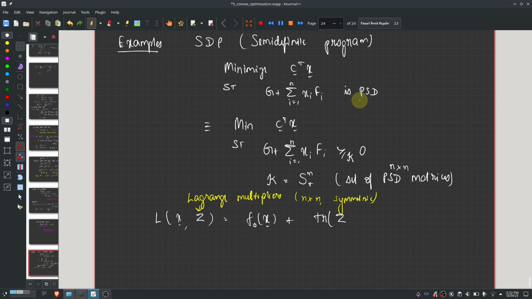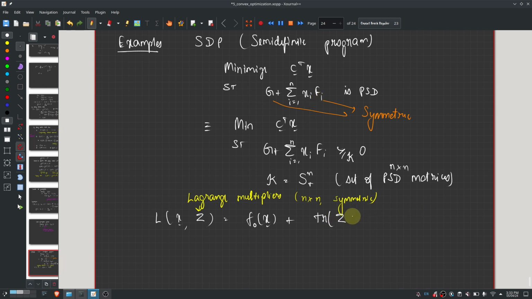But here, since each Fi is symmetric and G is also symmetric, effectively I just have n into n plus 1 by 2 many constraints. All of these are symmetric, but may not be positive semi-definite. So I need roughly those many Lagrange multipliers.